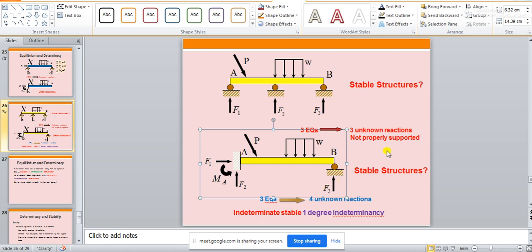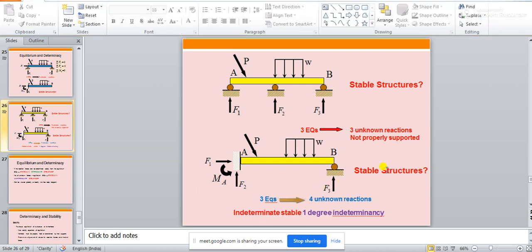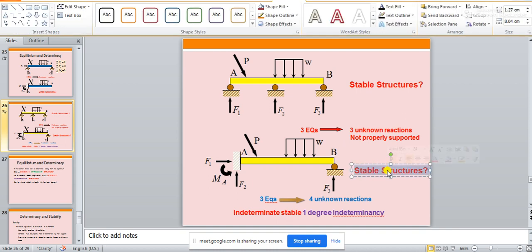So the first thing you should identify is whether this structure is a stable structure. If it is not stable, you cannot analyze it further. Obviously this structure is stable, because the horizontal force coming over here cannot do anything, since there is a restraint given over here.